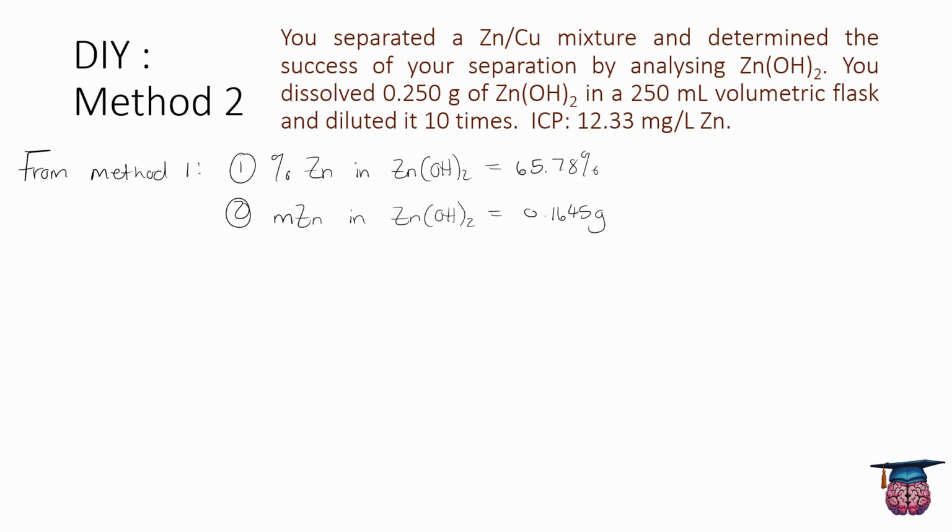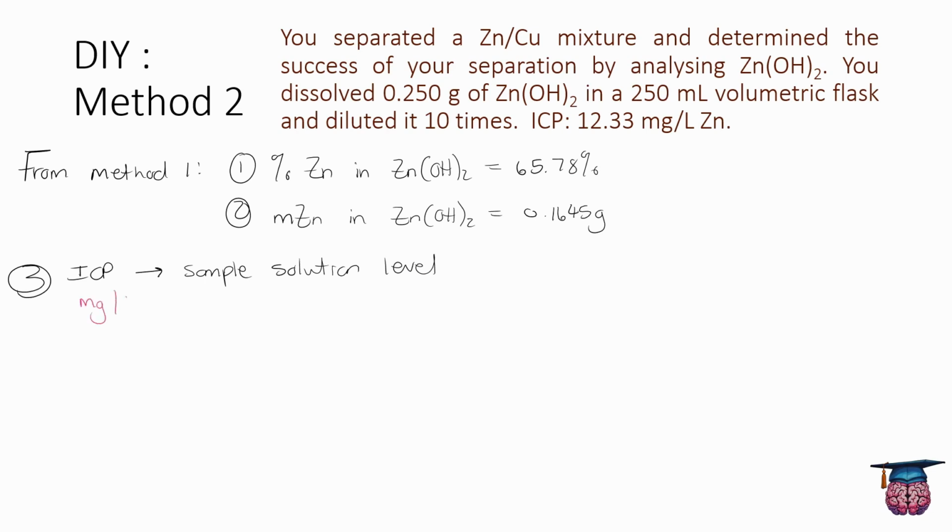So from method 1, we had that our percentage zinc in our zinc hydroxide is equal to 65.78%, and our mass of zinc in our zinc hydroxide that we weighed off was equal to 0.1645 grams. Next, we need to determine from which level we are working, and since we're doing method 2, we are working from ICP to sample solution level.